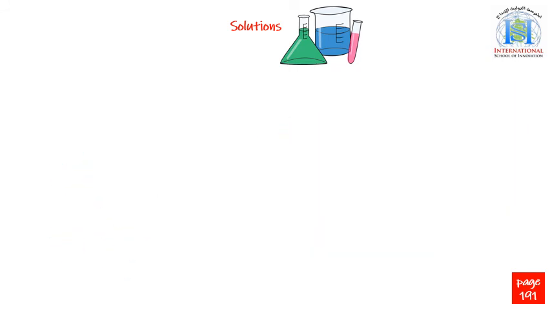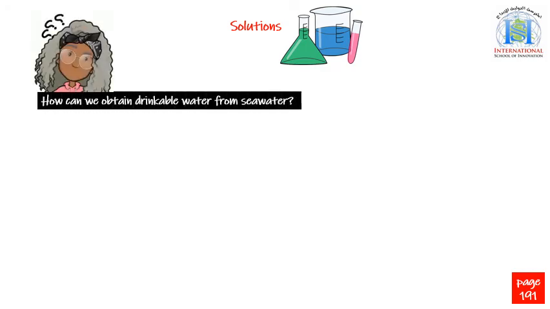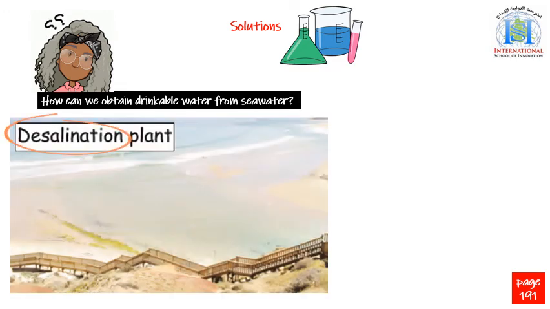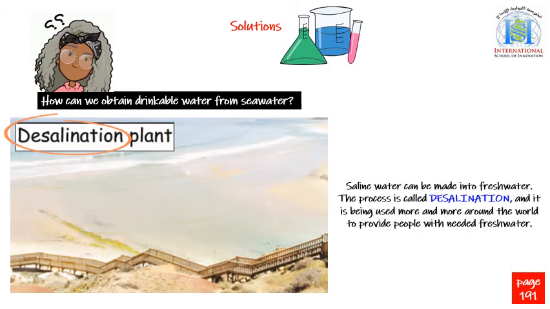What if we could turn the salt water into fresh water? Do you think that this is possible? Is there a way to obtain drinkable water from seawater? You may be surprised to hear, but many places are already doing it with a process called desalination. This process involves separating and removing high amounts of salt from water.